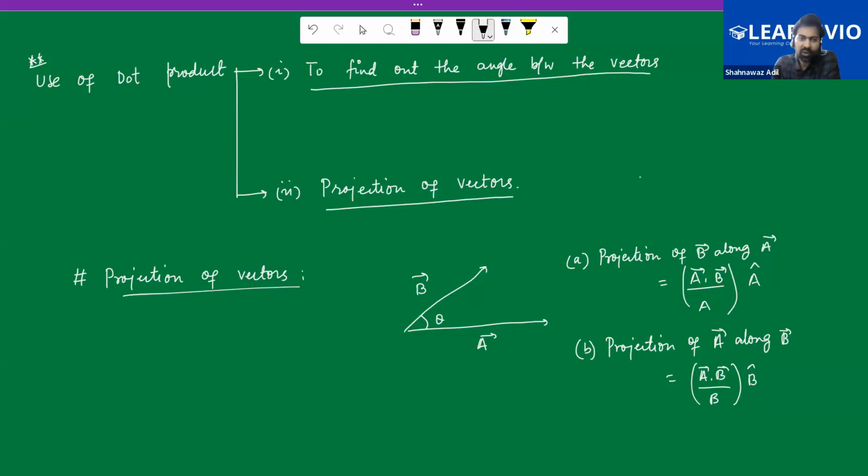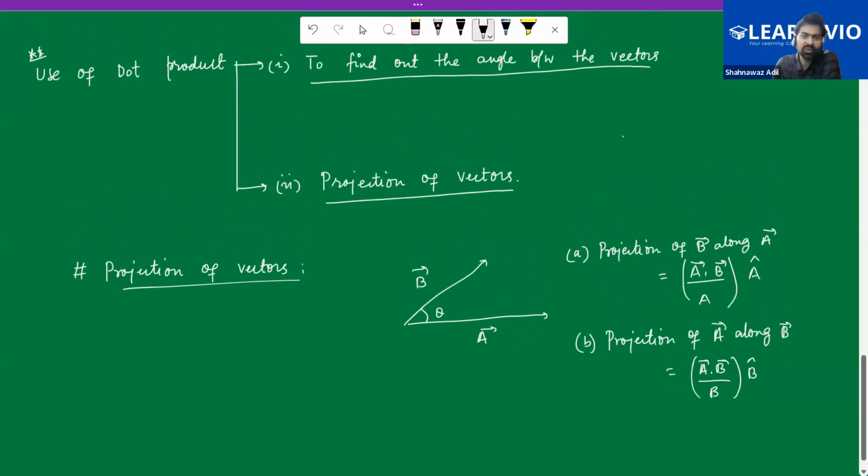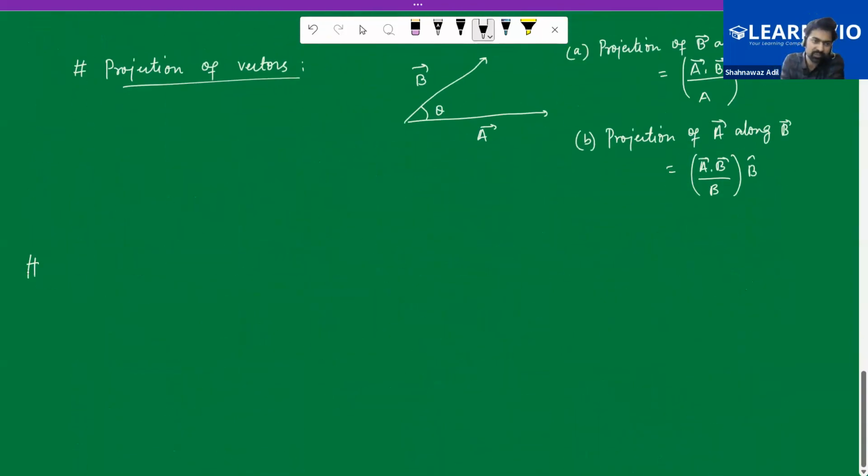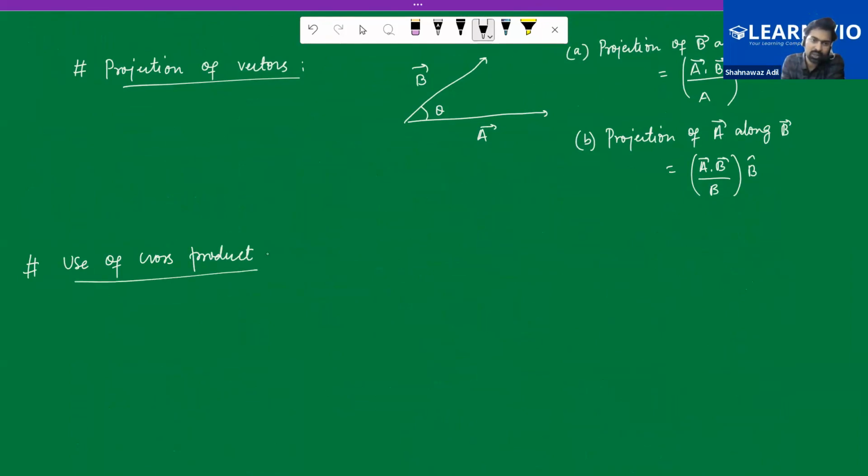And then what is the use of the cross product? Let's say I have this A vector and this B vector, and I have this parallelogram. This is A, this is B, this is theta.